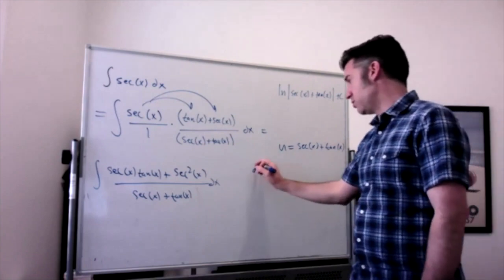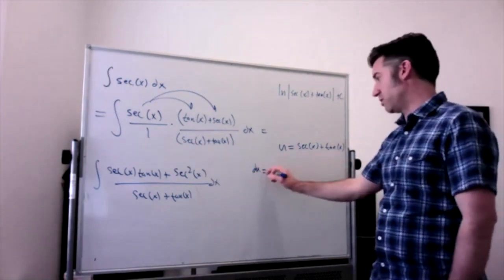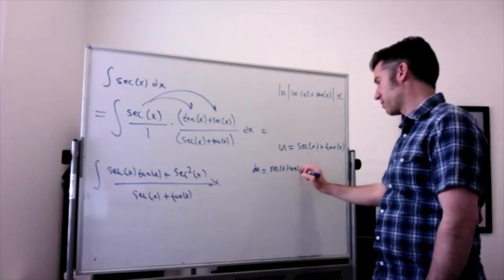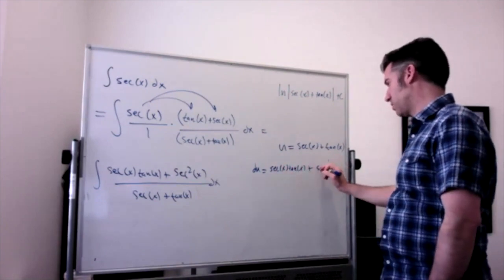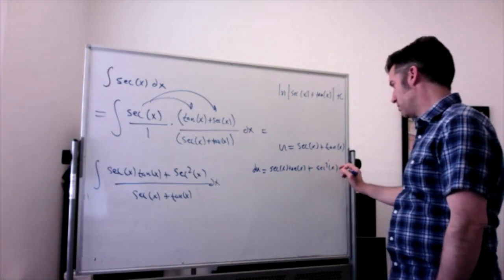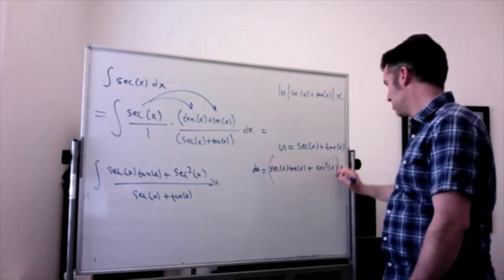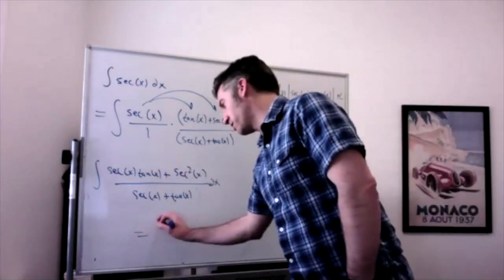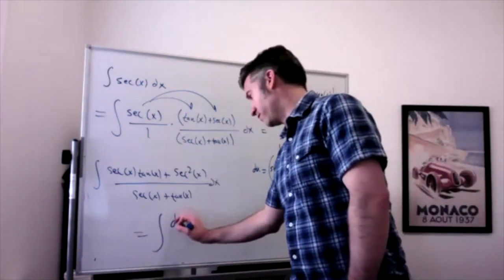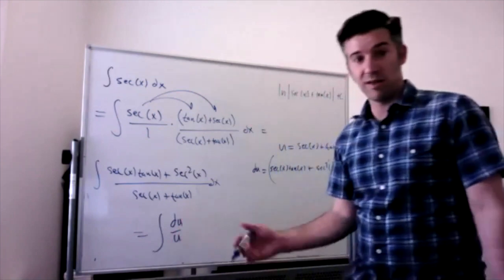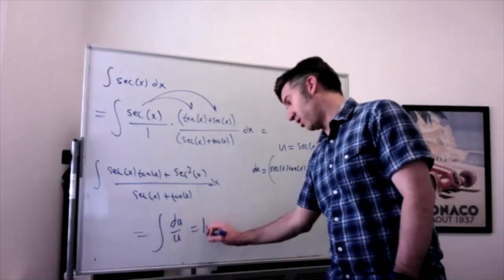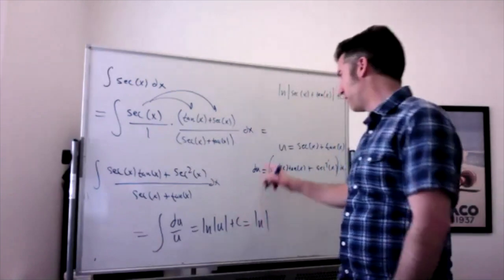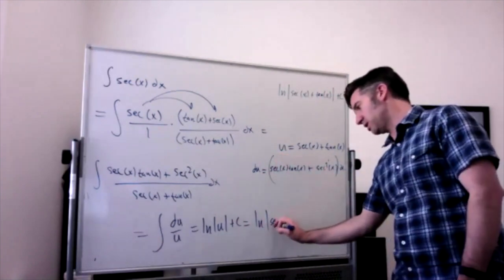And then du is the derivative of this, which is, well, the derivative of secant is secant x tangent x, and the derivative of tangent is secant squared x, dx. That's exactly what's on top here. So this becomes very conveniently the integral of du over u. The integral of du over u is the natural log of the absolute value of u plus c, which is the natural log of secant x plus tangent x.